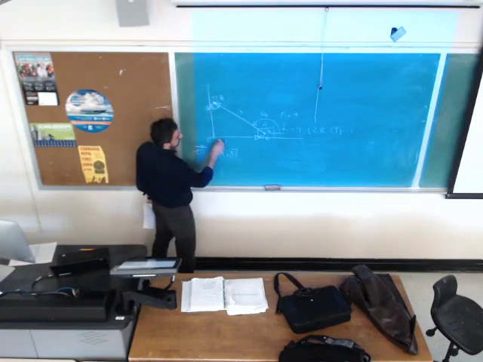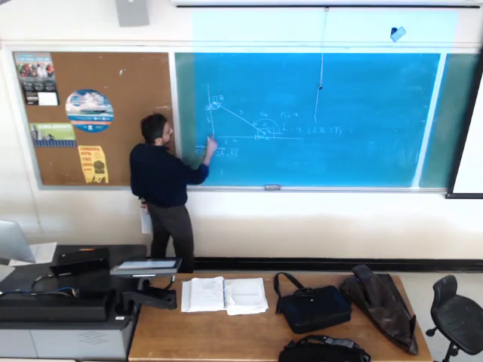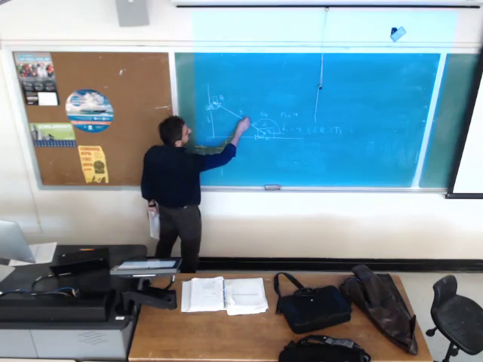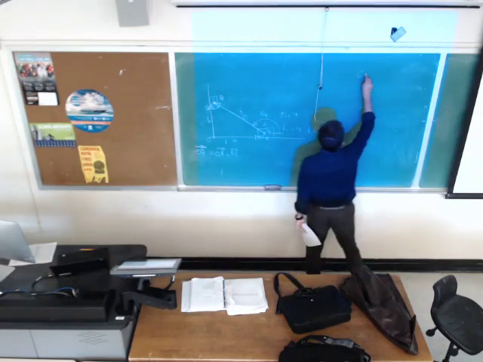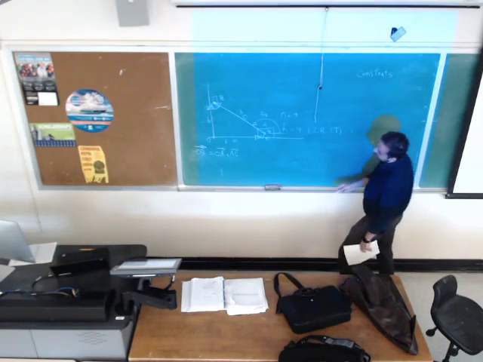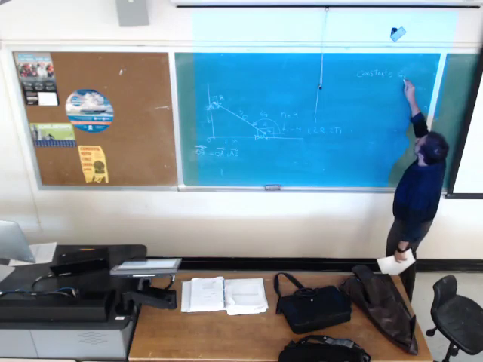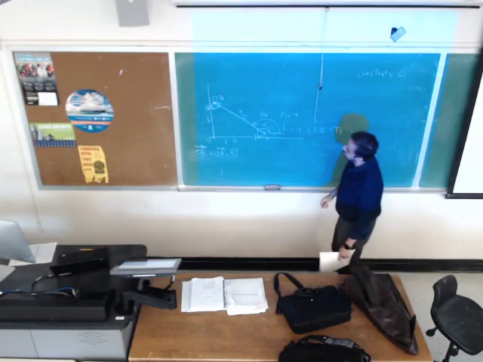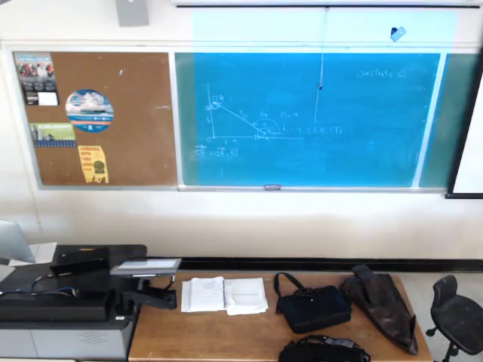If this length is A, from here to here, B from here to here, and this length is C. A is not constant, B is not constant, C is constant, and theta 3 is changing.